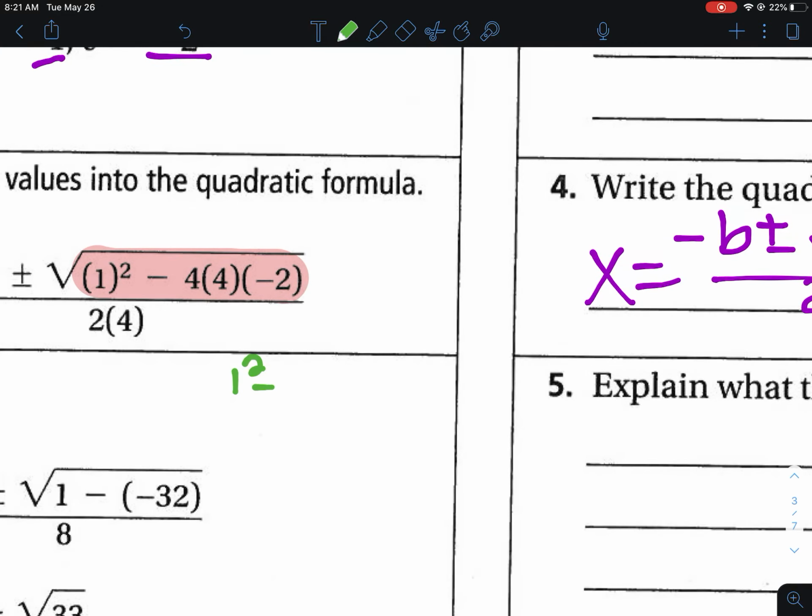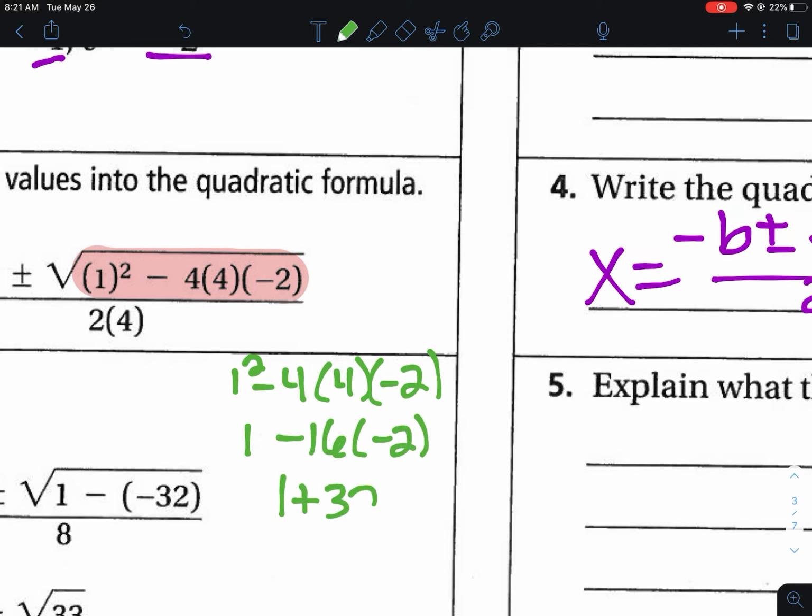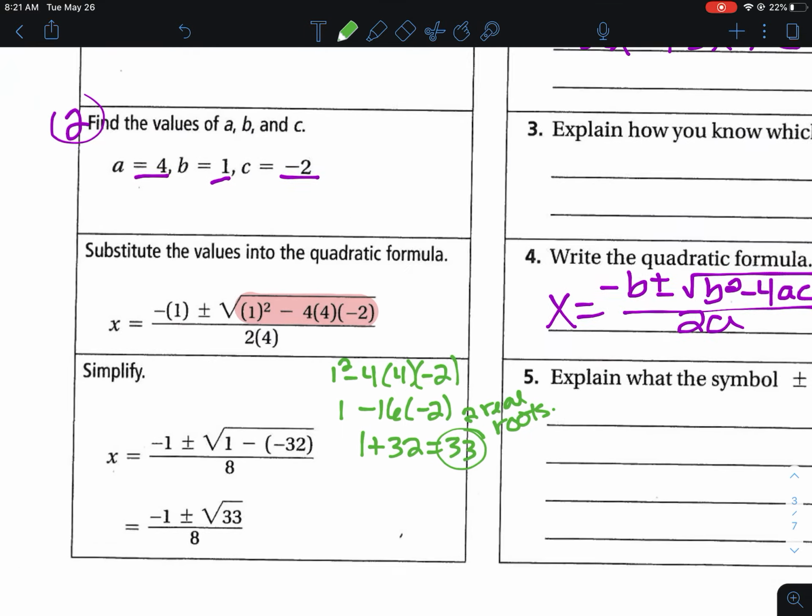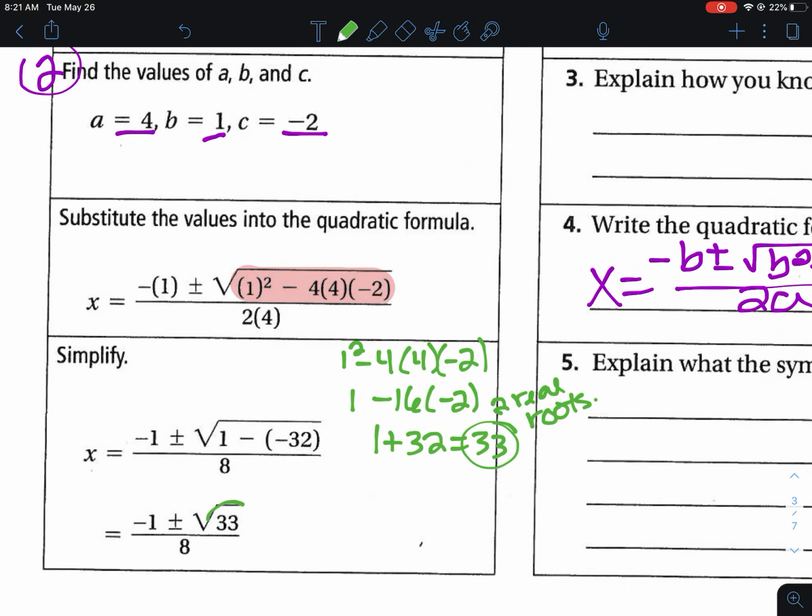So if we calculate that first, 1 squared minus 4 times negative 2 is 1 minus 16 times negative 2, or 1 plus 32, or 33. All right, 33 is positive, so that tells me I get 2 real roots, or 2 real solutions, which means you should get 2 answers to this equation.